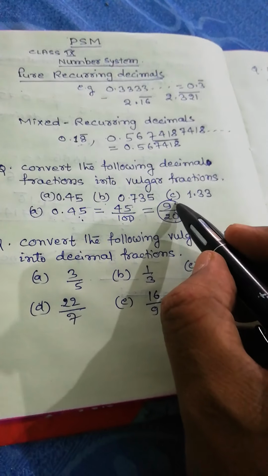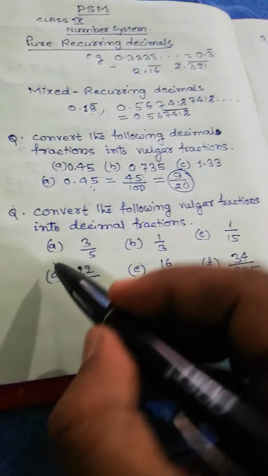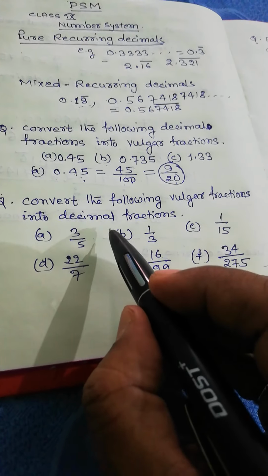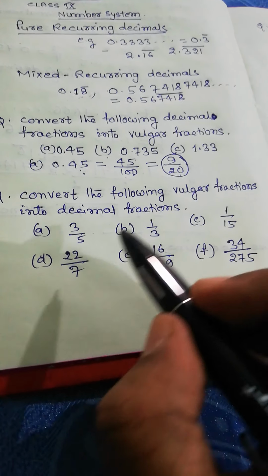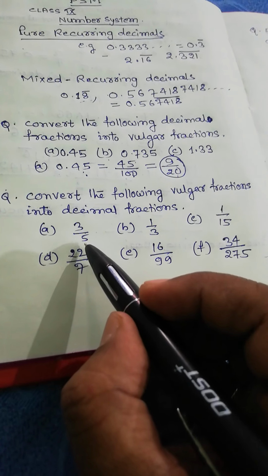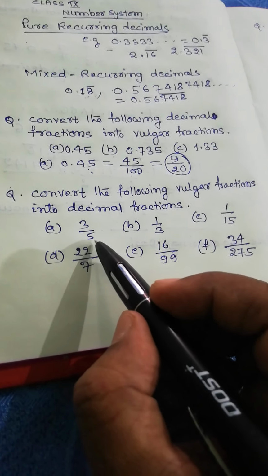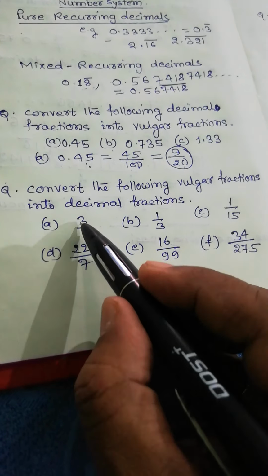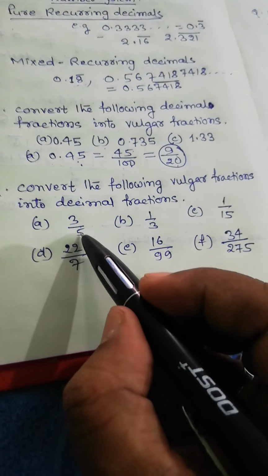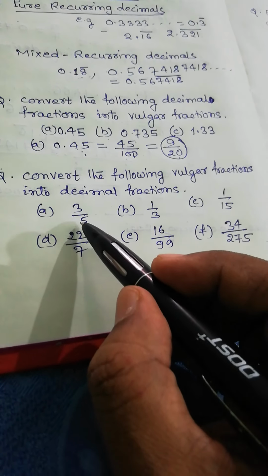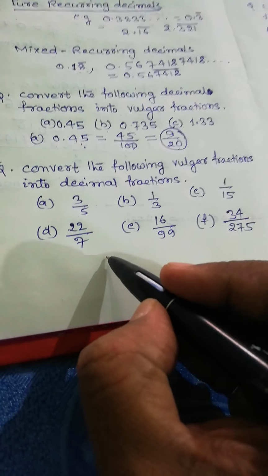Similarly, you have to solve B and C. Now come to the next question. Convert the following vulgar fractions into decimal fractions. This one is a vulgar fraction and you have to change it into a decimal fraction. It is very easy because 3 by 5 is also a rational number. This rational number can be changed to a decimal fraction by dividing 3 by 5.